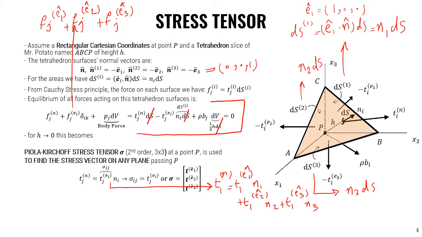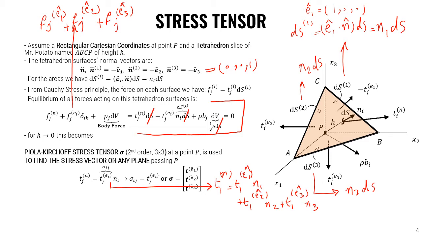We name T_j of E_i as the ijth elements of a tensor, which we call the stress tensor. So sigma_ij is equal to T_j of E_i. Or simply, it's a 3 by 3 matrix in which each row is the traction on one of the side surfaces.